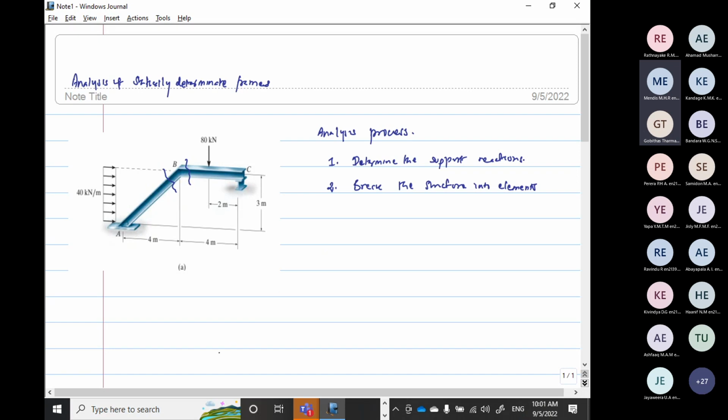So we will have three elements: a column, you cut just before the joint, then you have the joint, then you have the beam, cut just after the joint. That is very important. The joint we need to separate, because we can't break at the joint since it is a rigid connection.